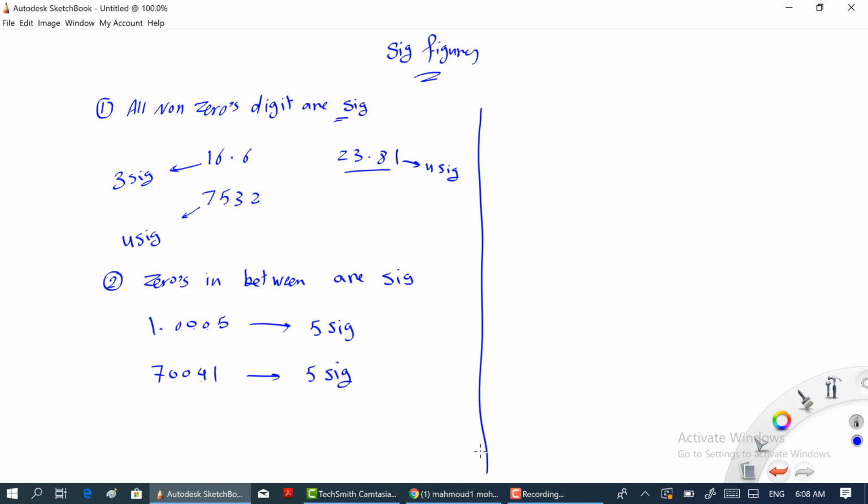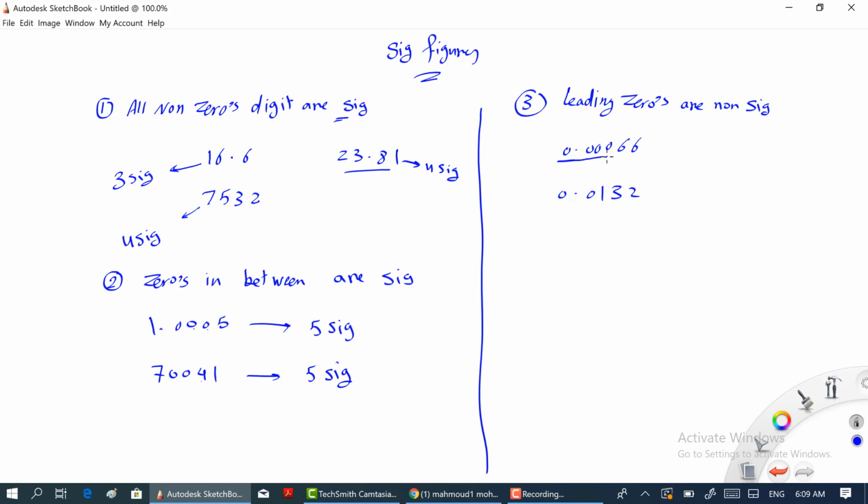Rule number 3 for zeros: leading zeros, meaning zeros at the left, are non-significant. Take examples: 0.00066 and 0.0132.